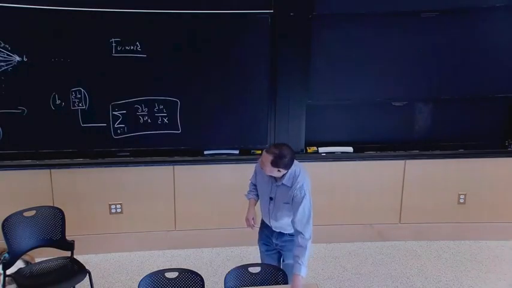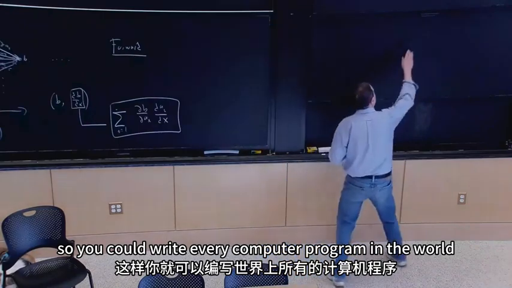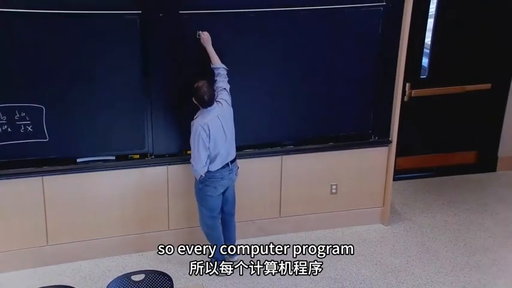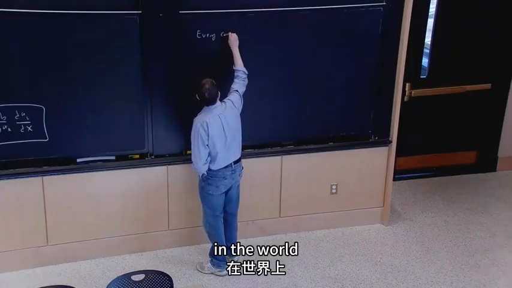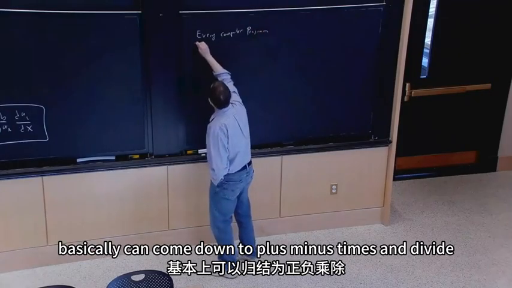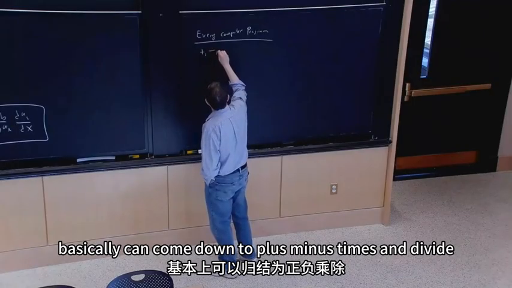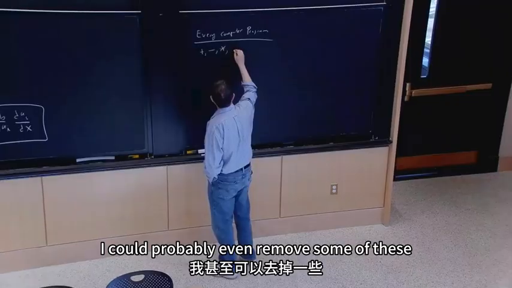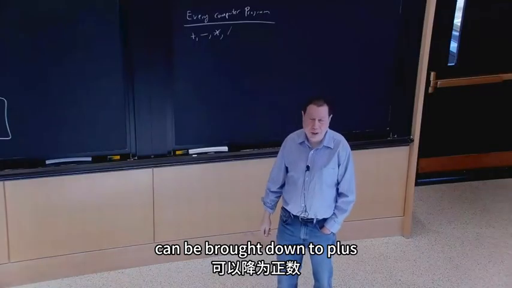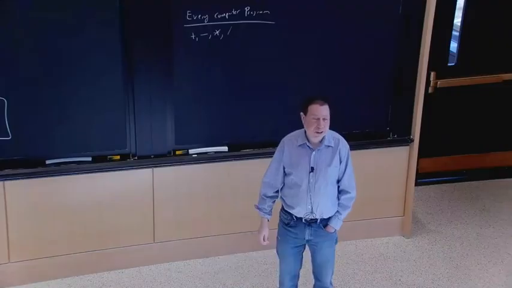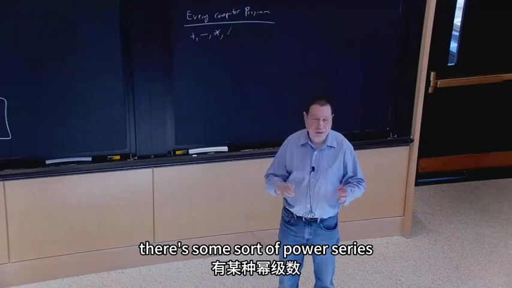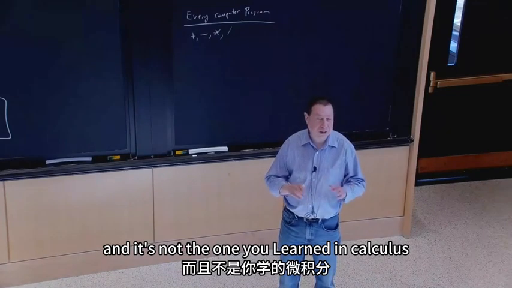You could write every computer program in the world. Let's put this over here, I'm going to need this for reverse mode as well. Every computer program in the world can basically come down to plus, minus, times, and divide. I could probably even remove some of these. When you do a sine function or exponential function, there's some sort of power series or ratio power series, and it's not the one you learned in calculus.